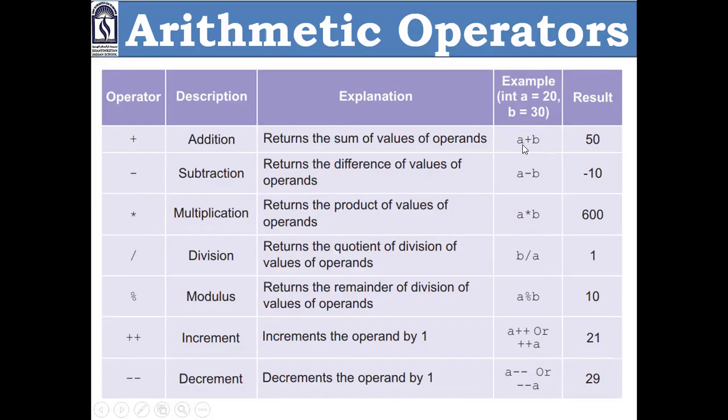That means left and right will be added. 20 and 30 will be added. It produces 50. The same logic applies for subtraction, multiplication, division, percentage. The only thing is, division gives the quotient of the division, whereas the percentage symbol stands for modulus. It returns the remainder of the division. I hope it is clear.